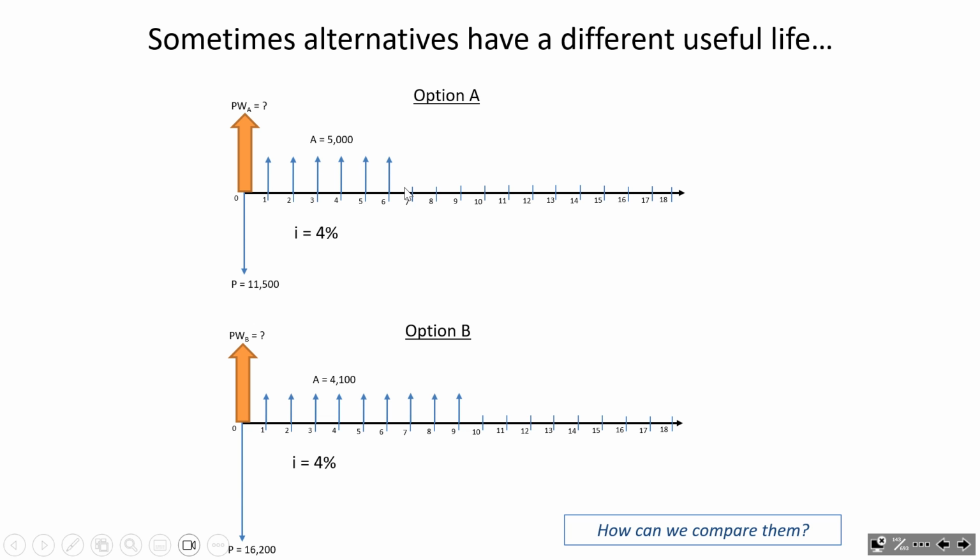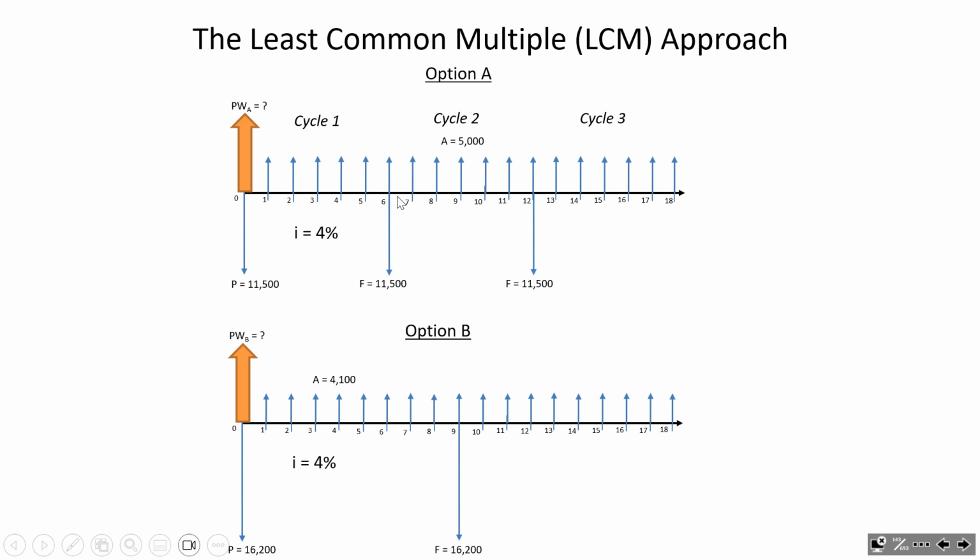We want to have 18 years of uninterrupted service with the equipment. So we have to buy the item at year 6 for it to be available from 6 to 7. If I repeat it, I'm buying it at 6 and 12, and then there's a continuous stream of uninterrupted revenue, reflecting the fact that the equipment is in service continually for an 18-year study period.